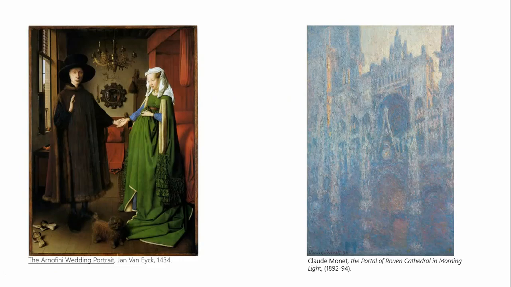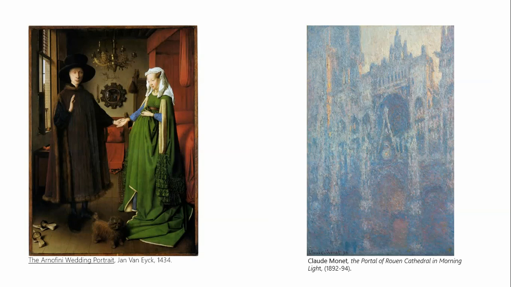So the comparison question was to compare these two in terms of color. And so we wanted to first of all kind of discuss the issues of range, right? So let's start with thinking about color having 3 characteristics: value, intensity, and hue. Let's start with value range. So the value range in the Van Eyck is quite wide.